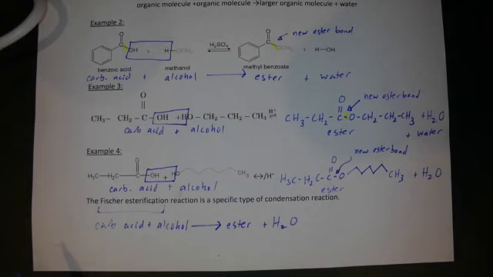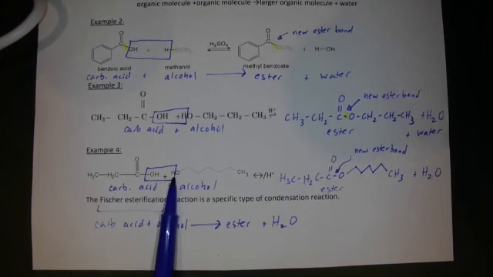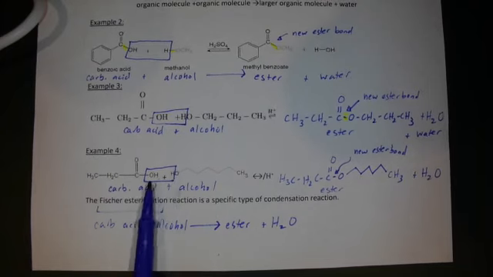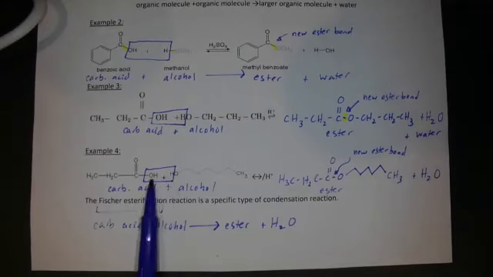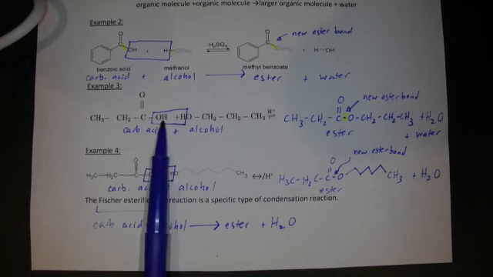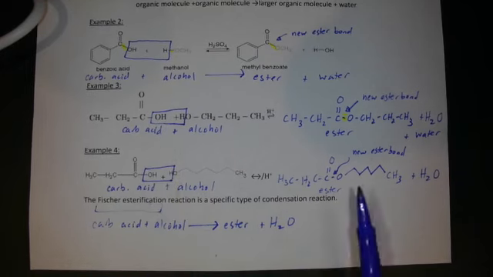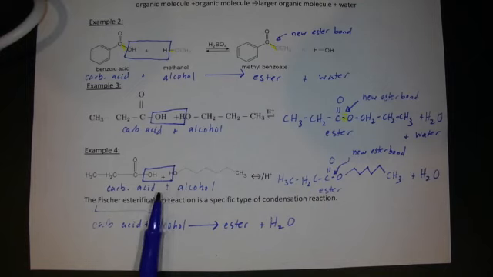If you wonder, should you box out the OH here with the H here, or should you box out H here and OH here? In terms of the product you get, it doesn't matter. If you chose to box out this H and that OH, you'll get the exact same ester. I have shown it the way that it actually happens. If you study these reactions, you learn that it's always the OH from the carboxylic acid and it's always the H from the alcohol. But you'll get the same structure either way when you're drawing that reaction.